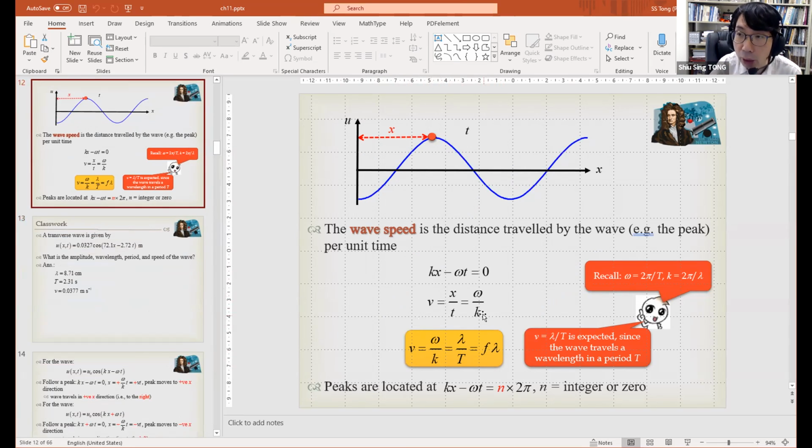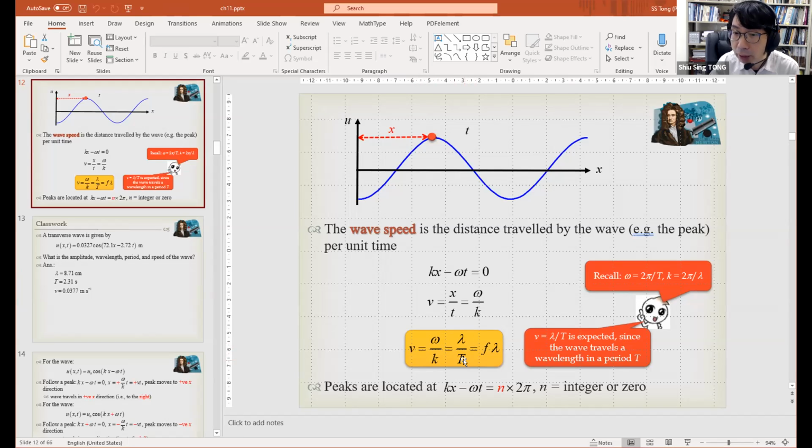But this expression is not new to you, because we know that omega is 2 pi over T and k is 2 pi over lambda. If I substitute these two expressions for omega and k, I immediately obtain that the velocity of the wave is just lambda divided by T.